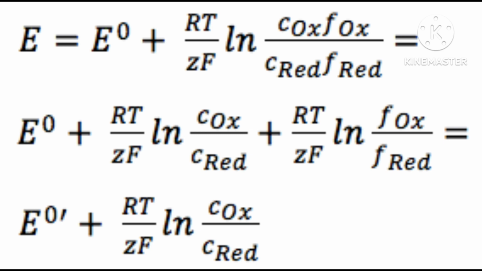Then again the same things. You can write E naught Cu++ oblique Cu. Other things are the same. For Zn also the same thing you will write: E Zn++ oblique Zn is equal to E naught Zn++ oblique Zn, just like for standard electrode potential.